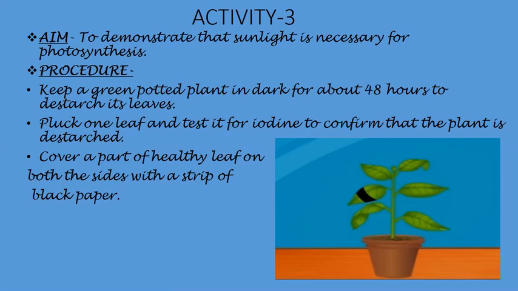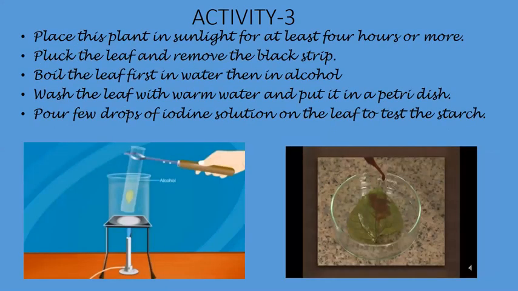Now, pluck one leaf and test it with iodine to confirm that the plant is destarched. Cover a part of a healthy leaf on both sides with a strip of black paper. Place this plant in sunlight for at least 4 hours or more.